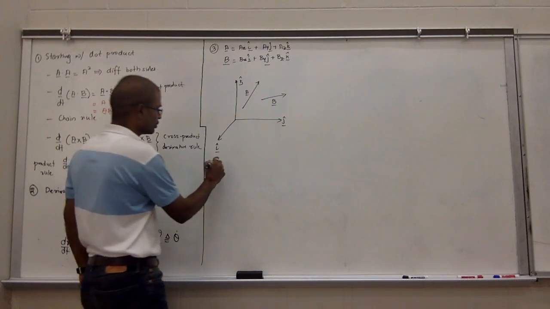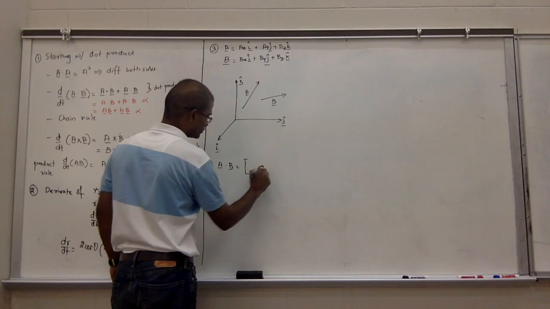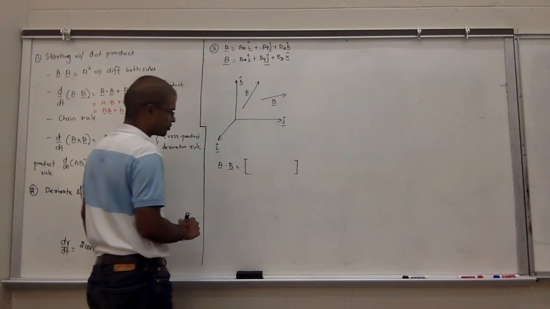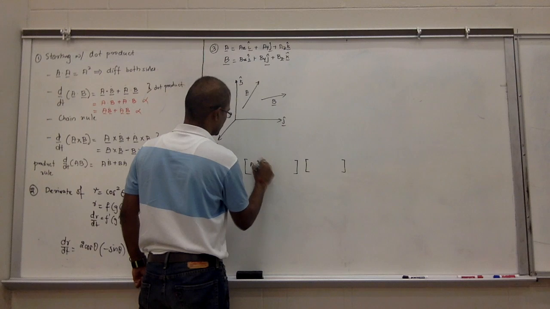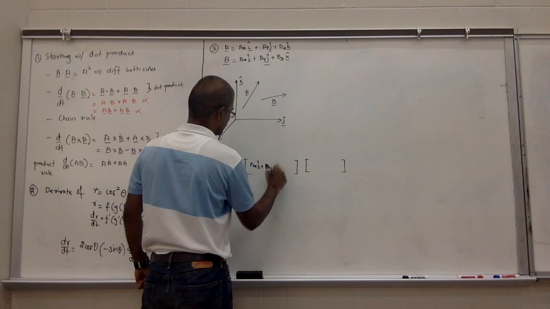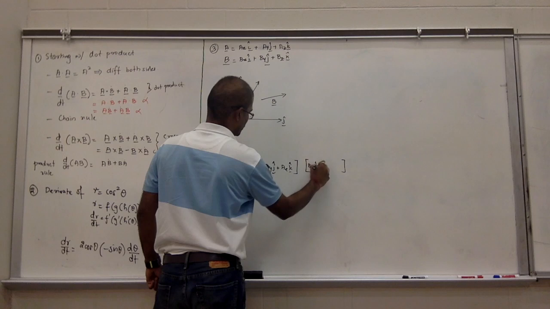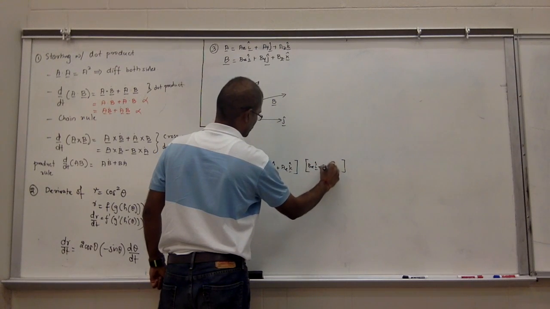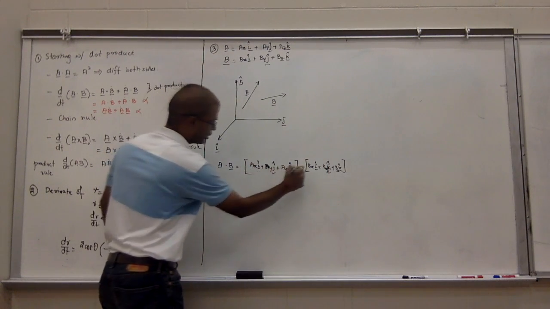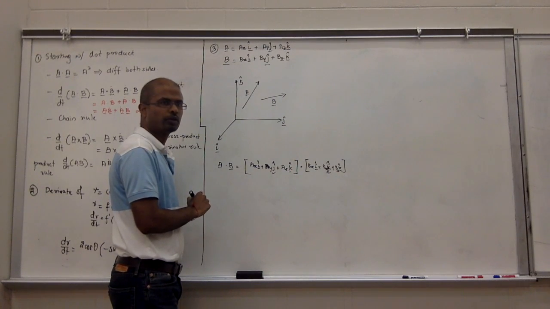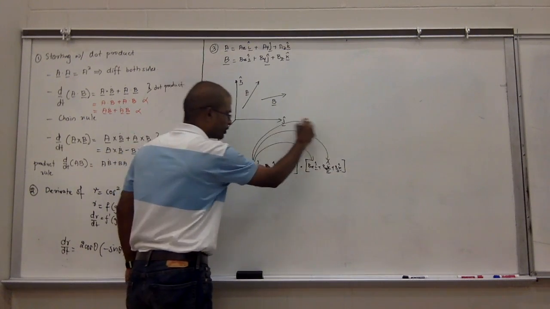So when you do A dotted with B, the process is to write AX I plus AY J plus AZ K, and again BX I plus BY J plus BZ K. You do the dot of this, dot of this, dot of this.